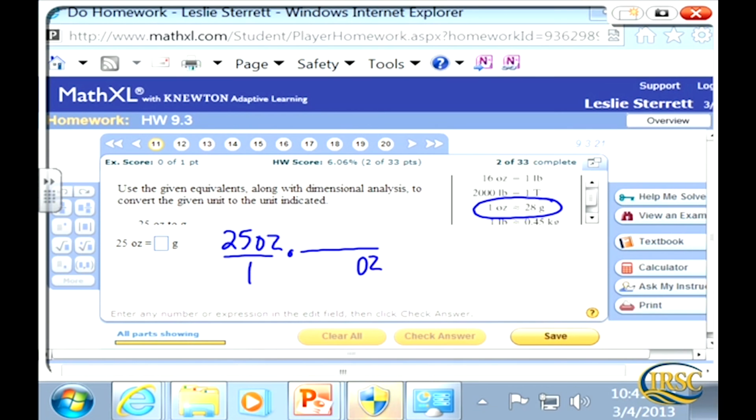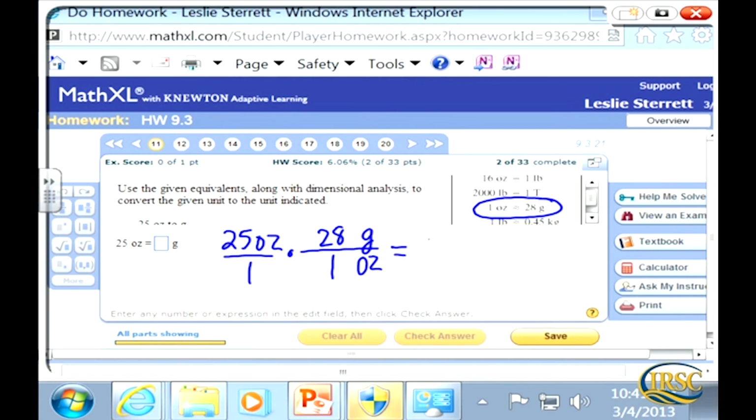Ounces has to go on the bottom, grams up top. And so that gives us 28 over 1, meaning that we have to multiply. The more you practice the dimensional analysis, the easier it's going to get. You're just going to think, okay, that over 1, now set up my fraction. So what is 25 times 28?